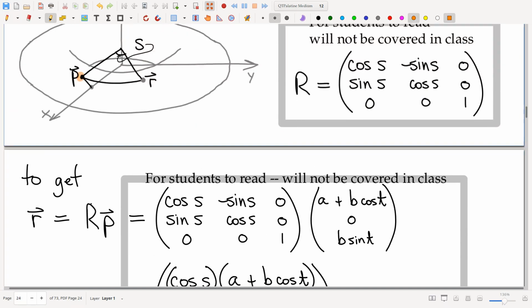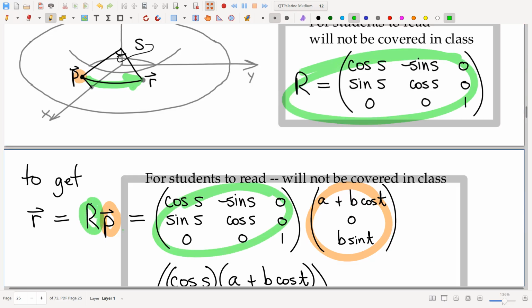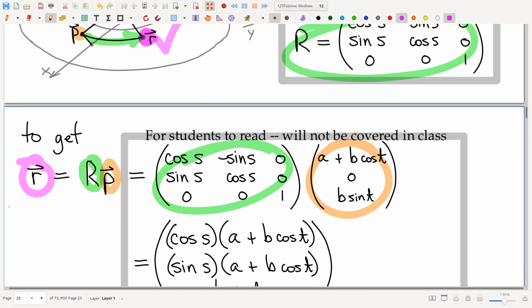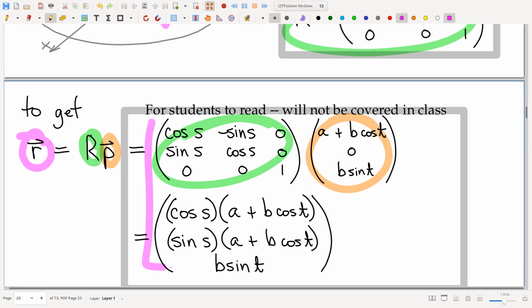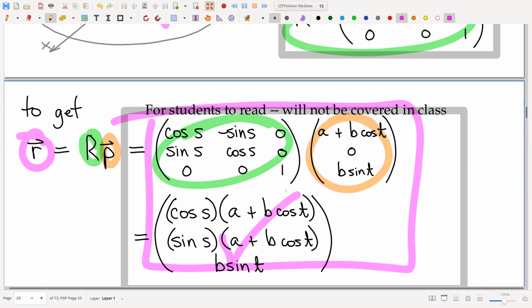We wrote down the coordinates of this point P, and got that. We talked about how to do a rotation. We got this, and that rotation of that orange point gives us the position that we actually want, and you can multiply this out, and it gives that.